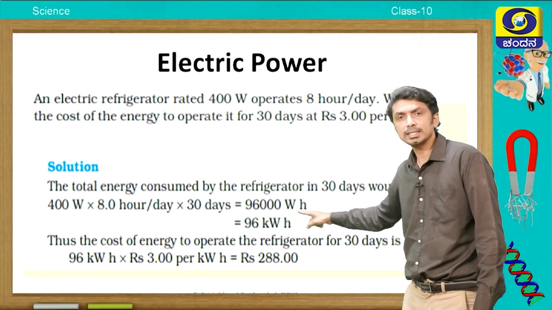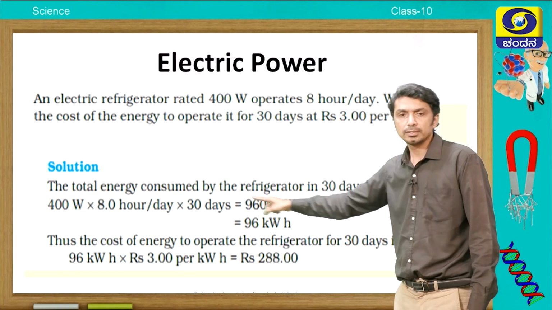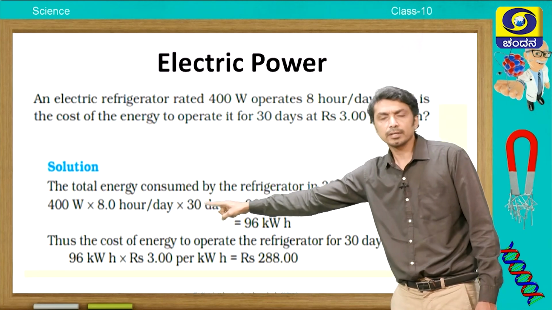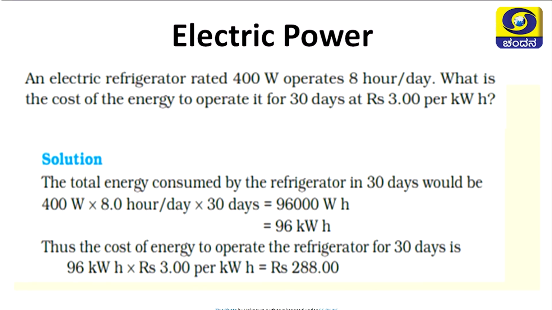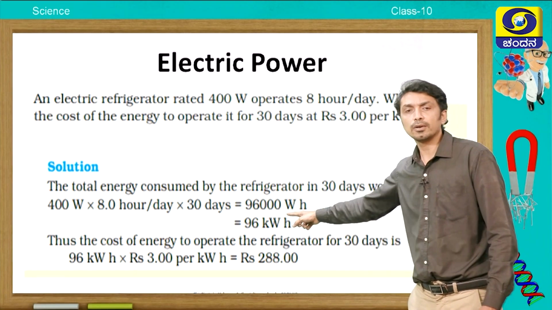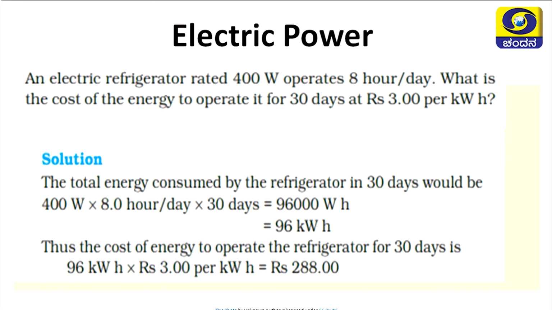That means 96 kilowatt hour. 1000 means kilo. As you can see, watt and hour we have multiplied, so that is the unit watt hour. So 1 unit costs, in the problem they have given, rupees 3. So the total cost of 96 kilowatt hour is 96 into 3, that is 288 rupees.